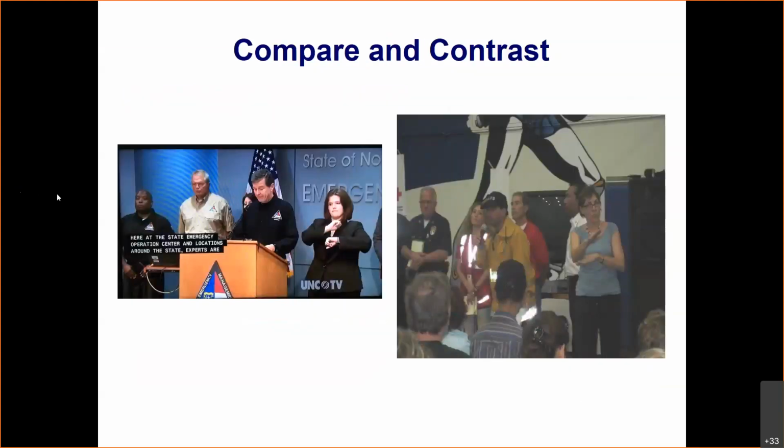So we're going to compare and contrast these two press conferences. What do you notice about the difference between those two pictures? Yeah, the lighting definitely would make it much more difficult for somebody with low vision to be able to see.